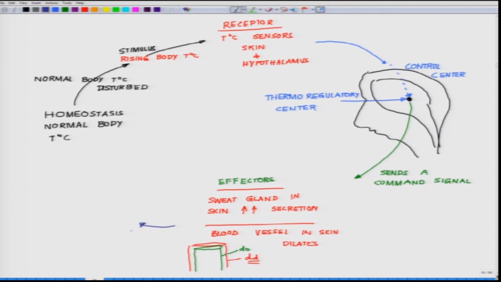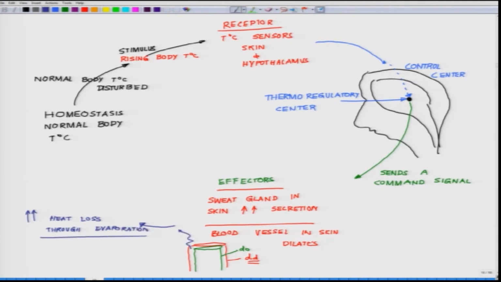Based on this, two things happen. Post the sweat glands in skin increasing the secretion in response, there is an increased heat loss from the body, because your body temperature is high, increased heat loss through evaporation, because you are sweating a lot as well as your blood vessels have dilated.